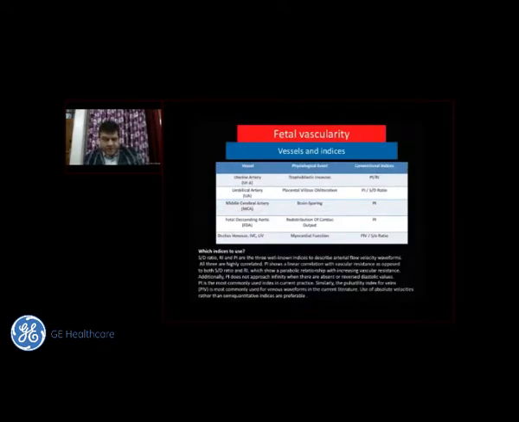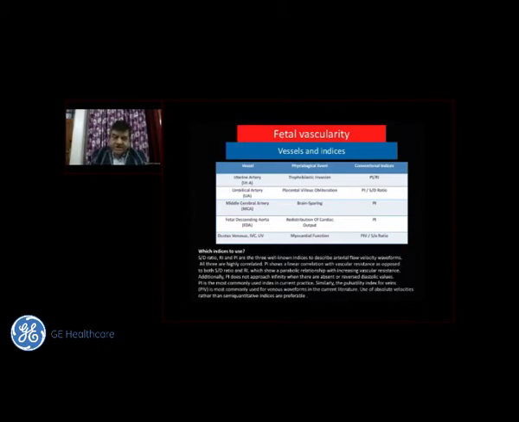Please remember the S/D ratio, RI, and the PI values. These are three well-known indices and they are highly correlated. But out of these three, PI shows a linear correlation with vascular resistance, as opposed to both the S/D ratio and RI, which show a parabolic relation with increasing vascular resistance.